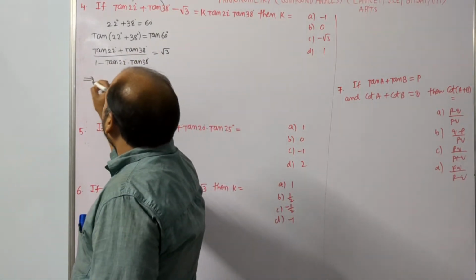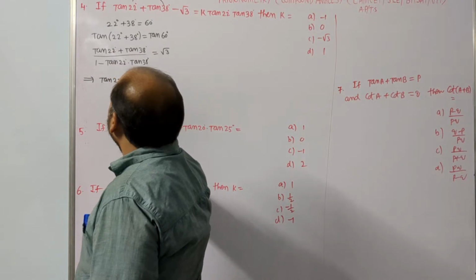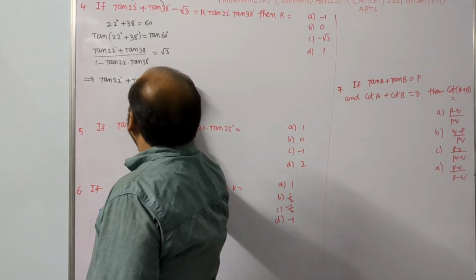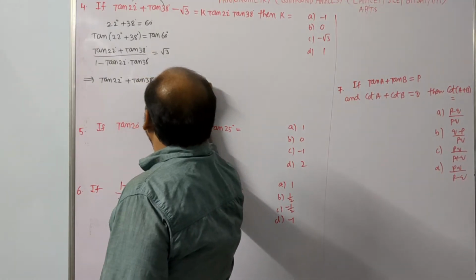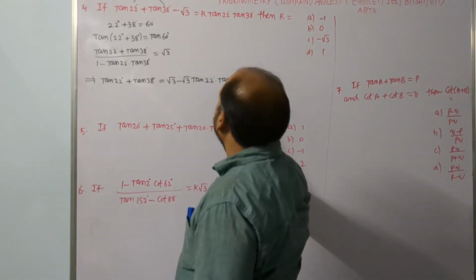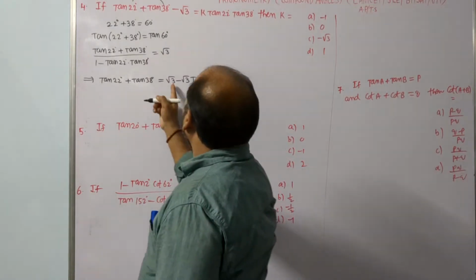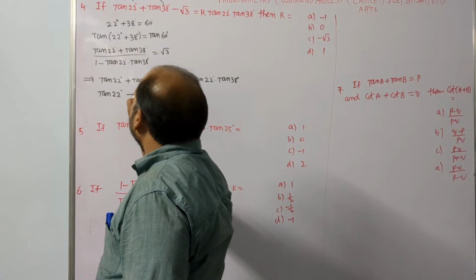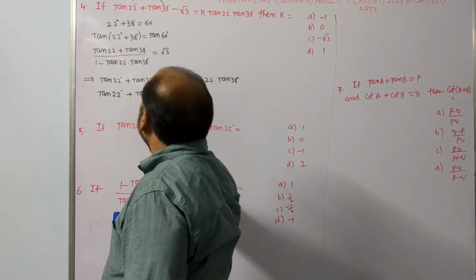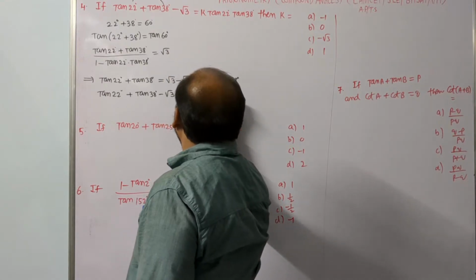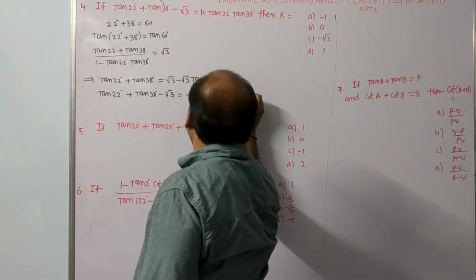Now cross multiply. Tan 22 degrees plus tan 38 degrees is equal to root 3 minus root 3 into tan 22 degrees into tan 38 degrees. Now, root 3 being on this side according to the question, tan 22 degrees plus tan 38 degrees minus root 3 is equal to minus root 3 into tan 22 degrees into tan 38 degrees.